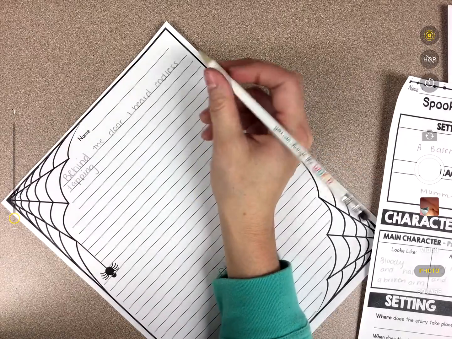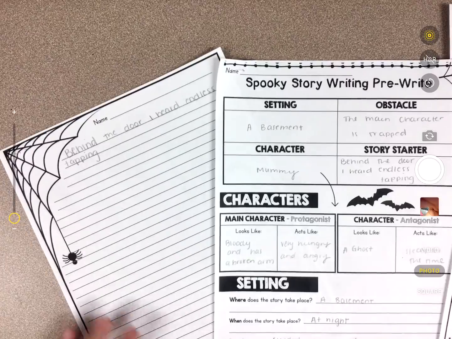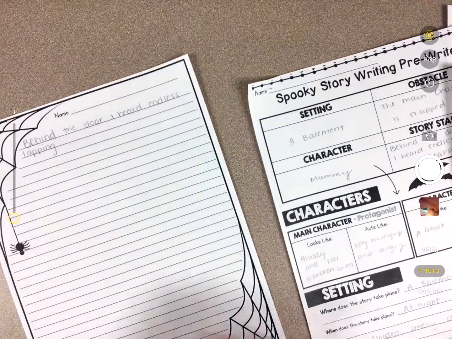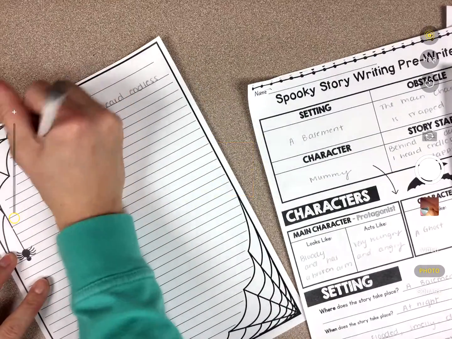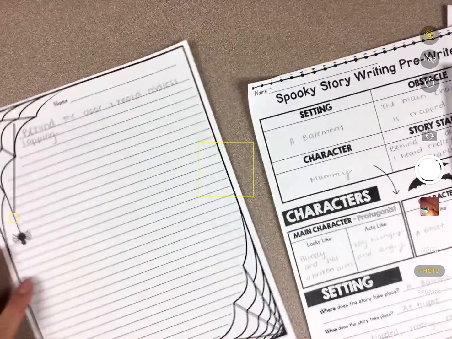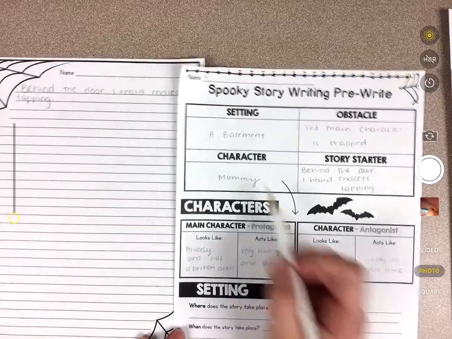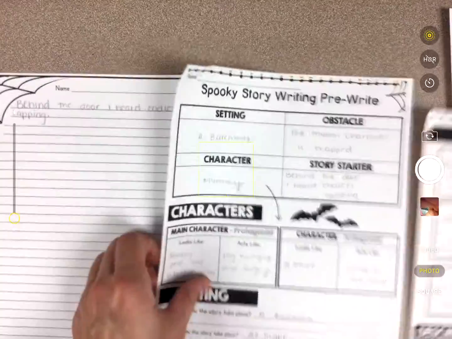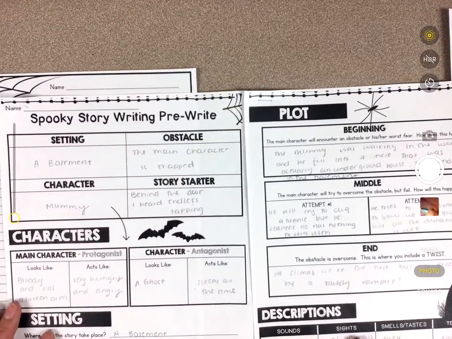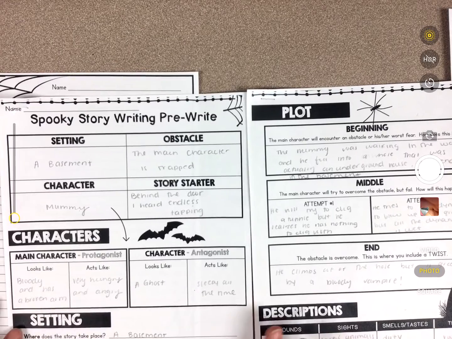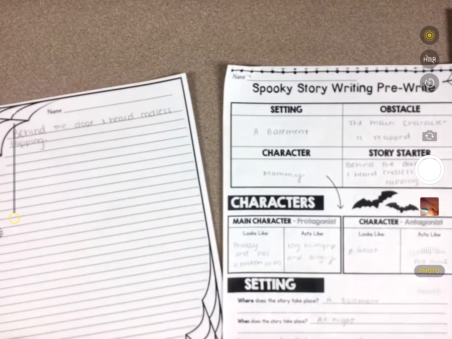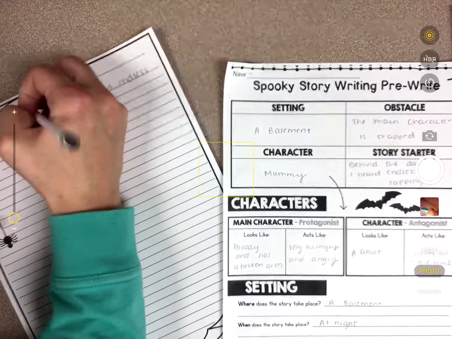Then I can just continue to use my map. So, behind the door, I heard endless tapping. And then you can make up the story as you go. You could say that I opened the door and I found my mummy, and just use this to describe your story. So then I could say, behind the door, I heard endless tapping.